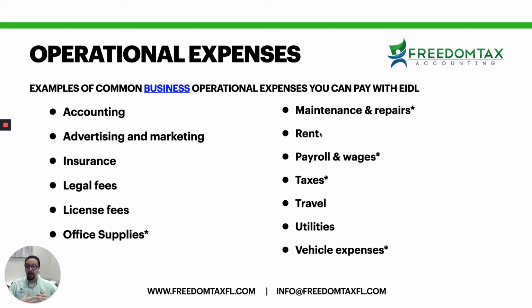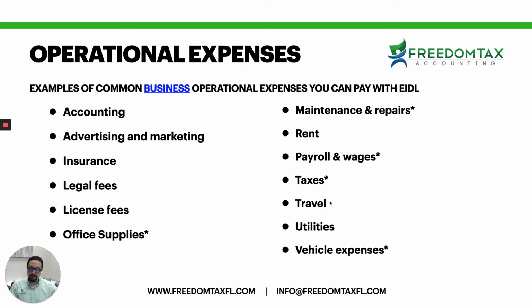If you don't have an office that you rent under the business name, you cannot pay it from the business accounts. Payroll and wages, taxes. Now, taxes you can pay from the EIDL if you are a corporation that pays taxes under the 1120. If you are an 1120S or a self-employed that files Schedule C, you have to pay your taxes from your personal bank account.